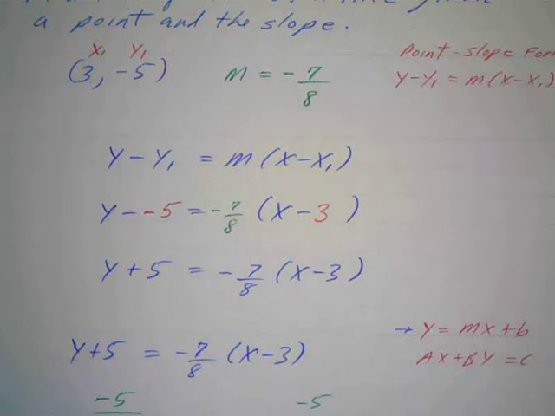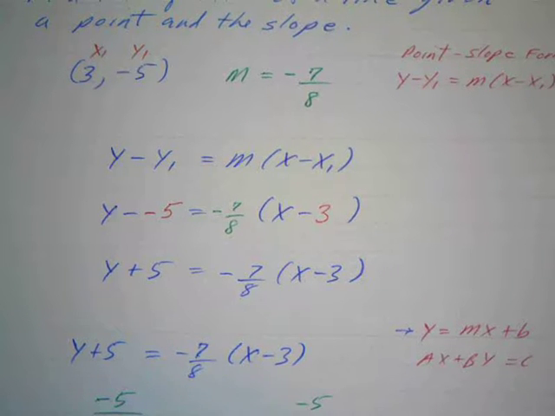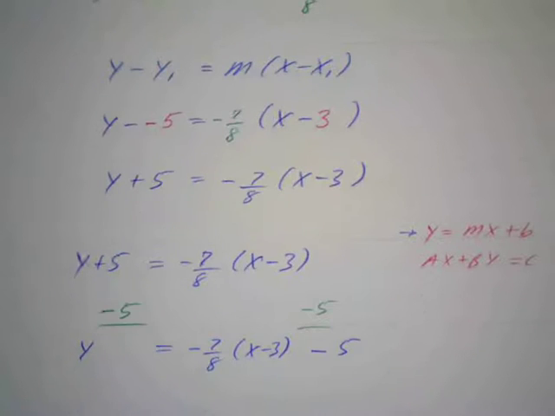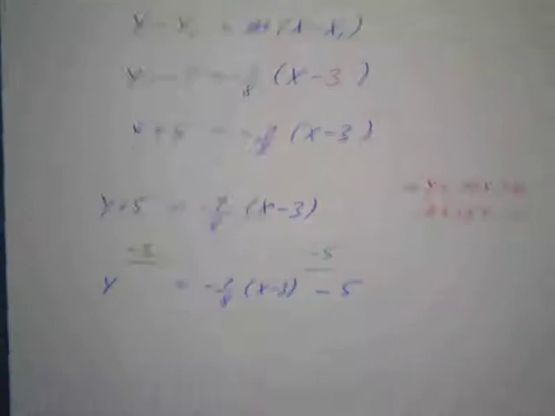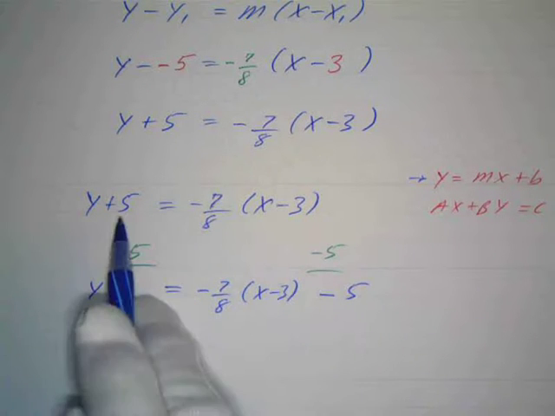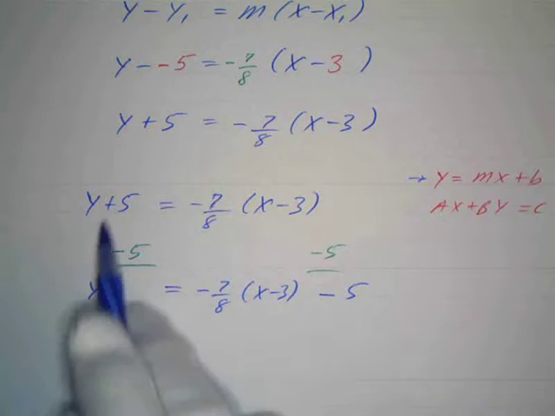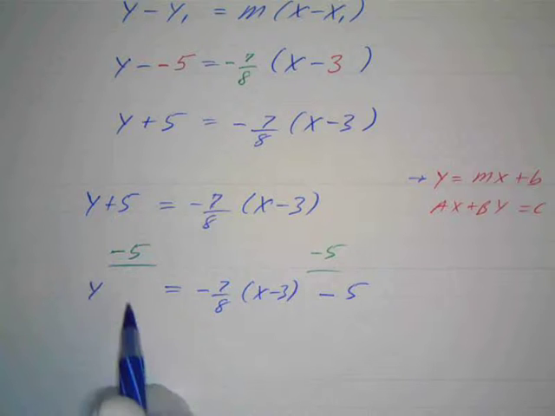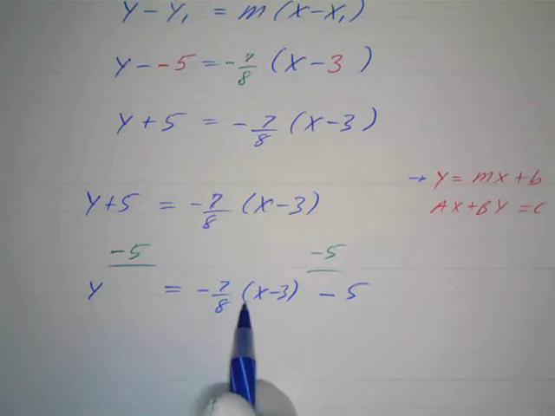I have y equals, because 5 minus 5 is 0, -7/8 times x minus 3 minus 5. Oops, sorry about that. Gotta make sure I watch my monitor. Okay, so again, I just subtracted 5 from both sides. So I got y, 5 minus 5 is 0, equals -7/8 times x minus 3 minus 5.